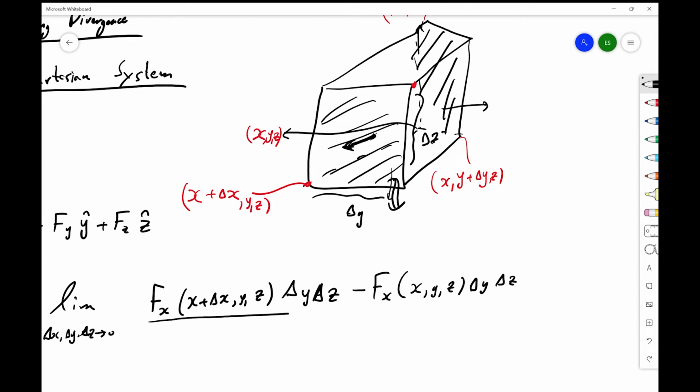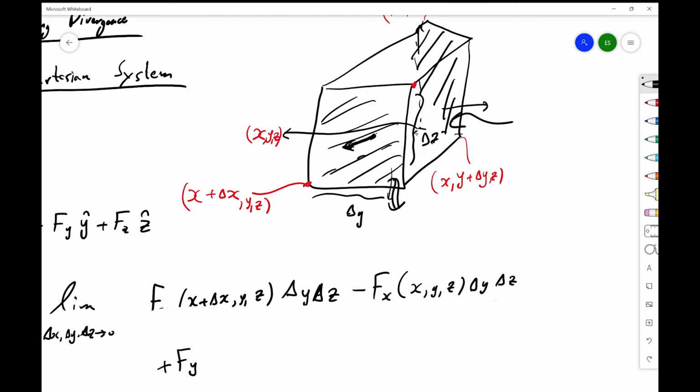The whole thing is divided by, well, we're not done yet. We did 2 surfaces. The cube has 6 surfaces, so we have 4 more terms to do. So we have to add fy. Now let's do this surface.